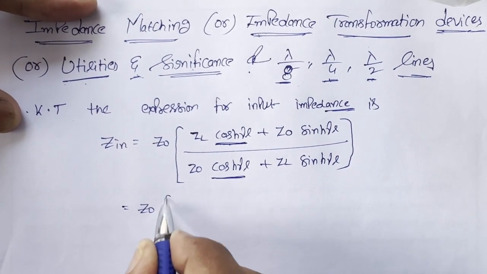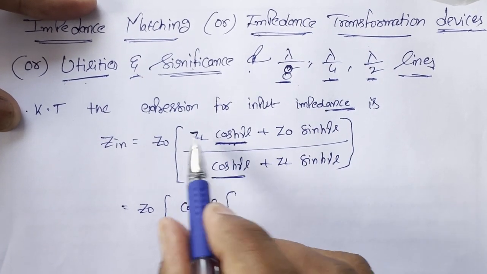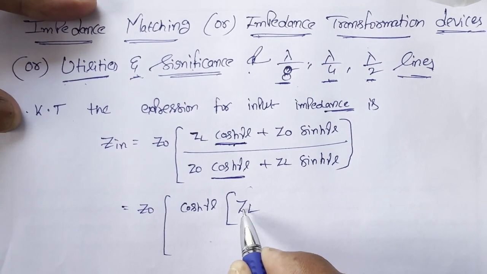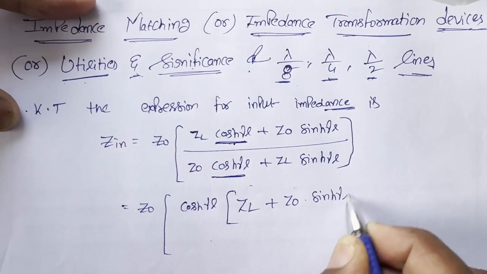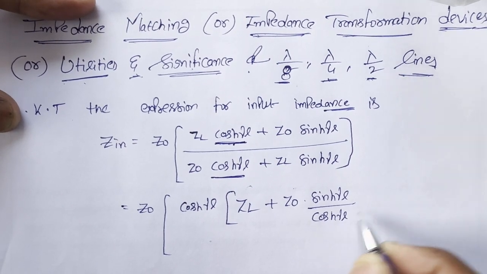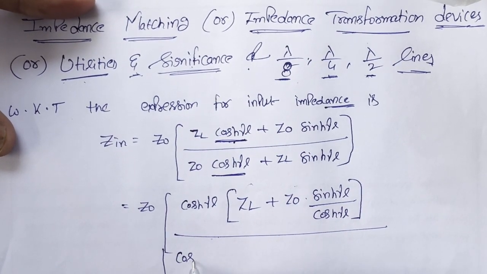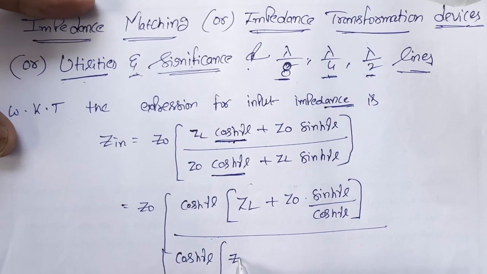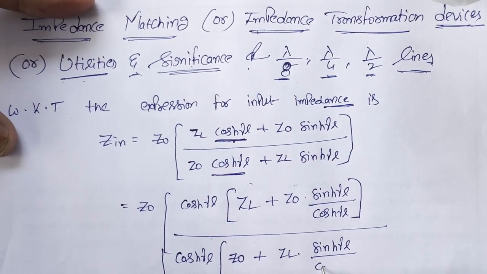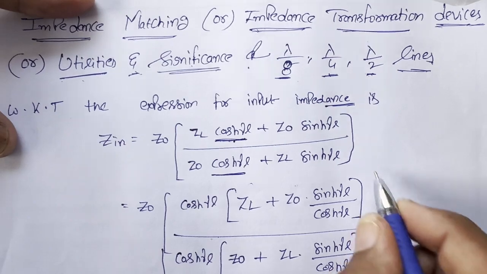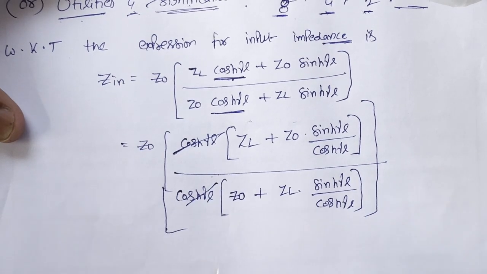So Zin equal to Z0 into, by taking cosh gamma L as a common term, the rest of the term in the numerator is ZL plus Z0 into sinh gamma L by cosh gamma L. While coming to the denominator, again cosh gamma L as a common term, Z0 plus ZL into sinh gamma L by cosh gamma L. Here cosh gamma L gets cancelled.